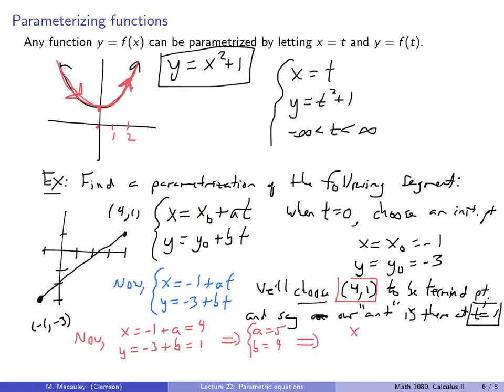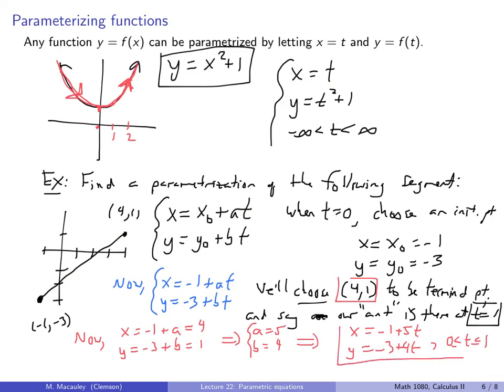So x equals -1 plus 5t, y equals -3 plus 4t, and I should specify that t ranges from 0 to 1.